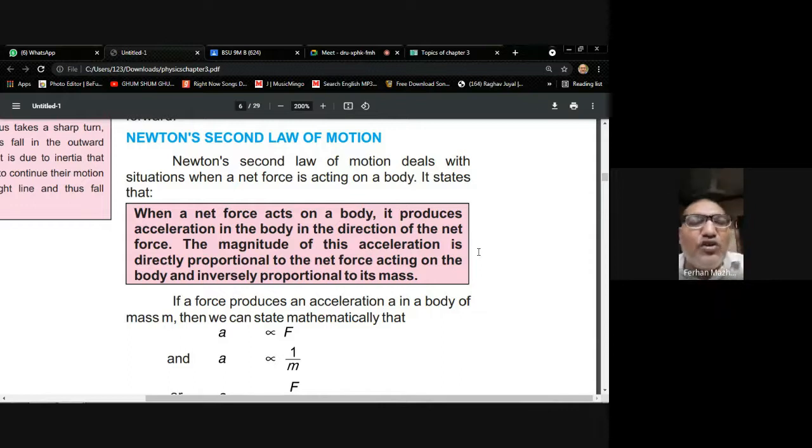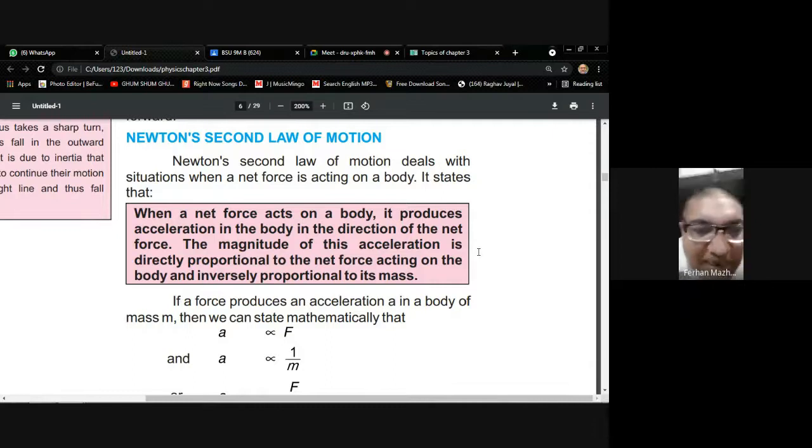Okay. So first of all, you need to understand that I am using two very important terms. I am using the word force, and I am also using the word acceleration. So what does acceleration mean? Before you start studying Newton's second law of motion, acceleration basically means a change in the velocity. And when I say change in the velocity, it can mean both things.